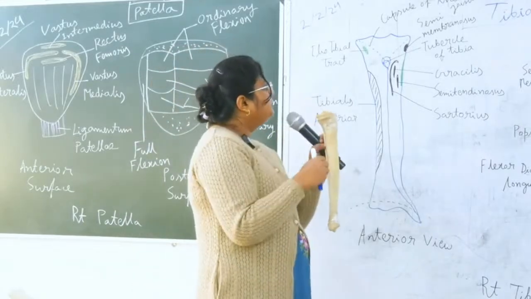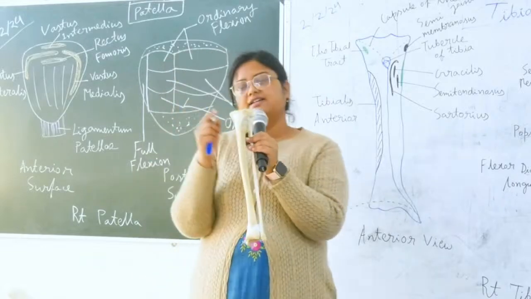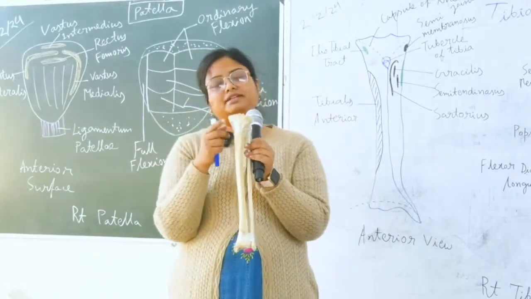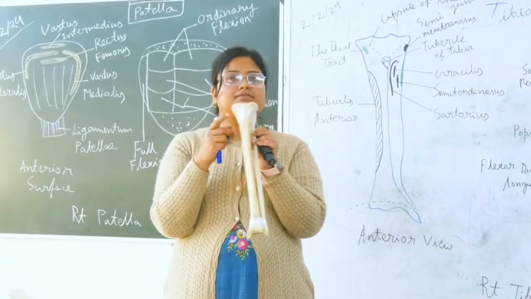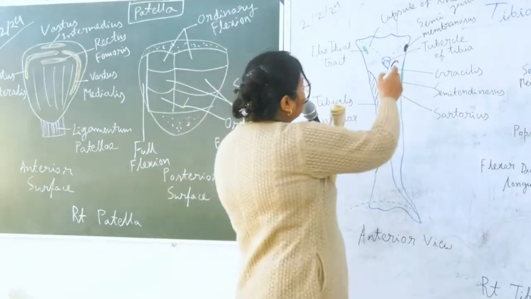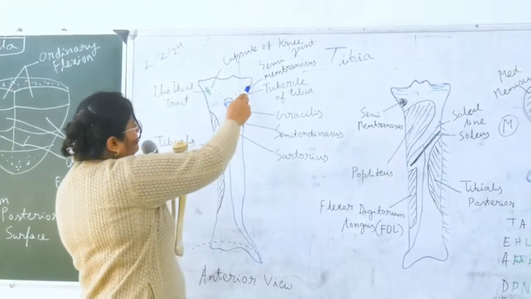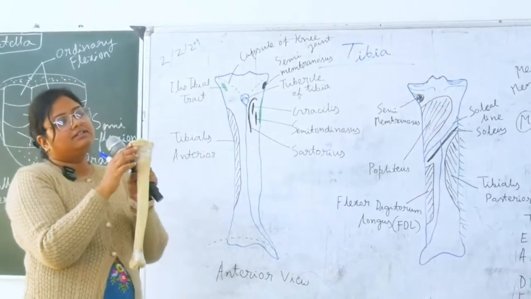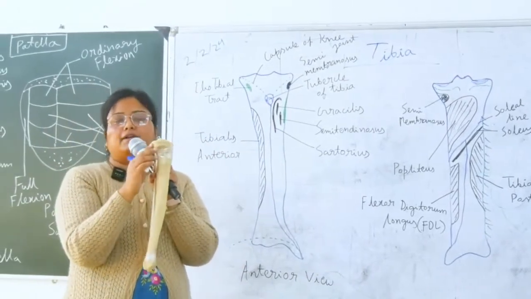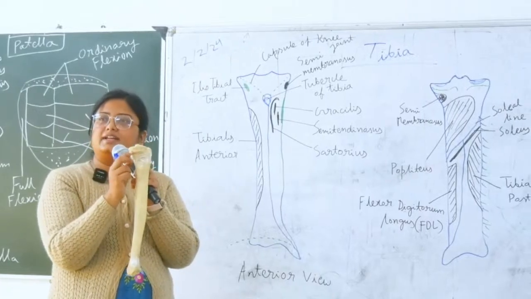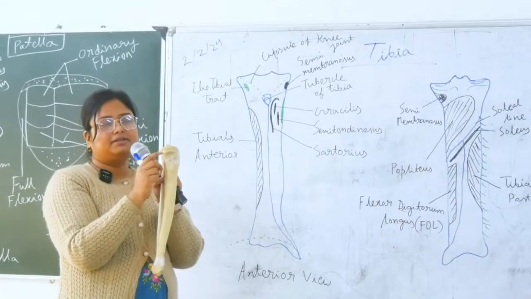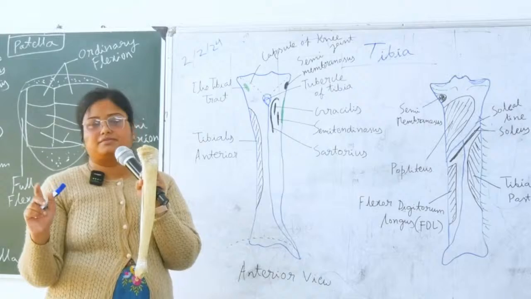Now the medial condyle: on the posterior surface of the medial condyle there is attachment of semimembranosus muscle. See here, its attachment also extends along a groove on the posterior surface of the medial condyle.